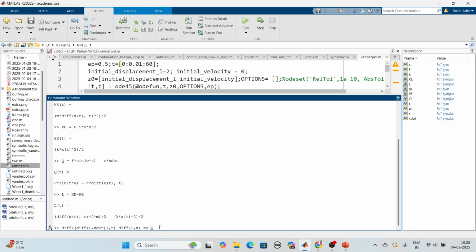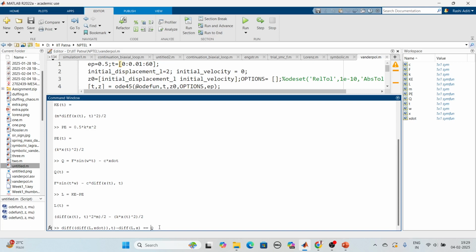But when we use double equal to, it is an equality of the left hand side and the right hand side, like we use in mathematics, LHS equals RHS.